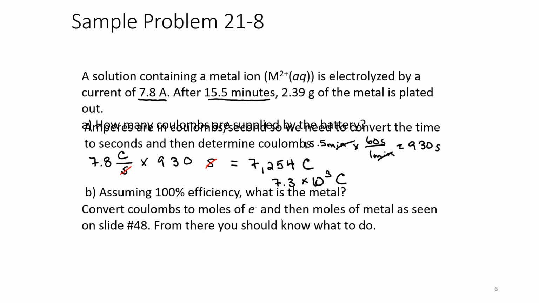It says assuming 100% efficiency. What that means is that every single electron that is put through our system is used to convert a cation into the metal.